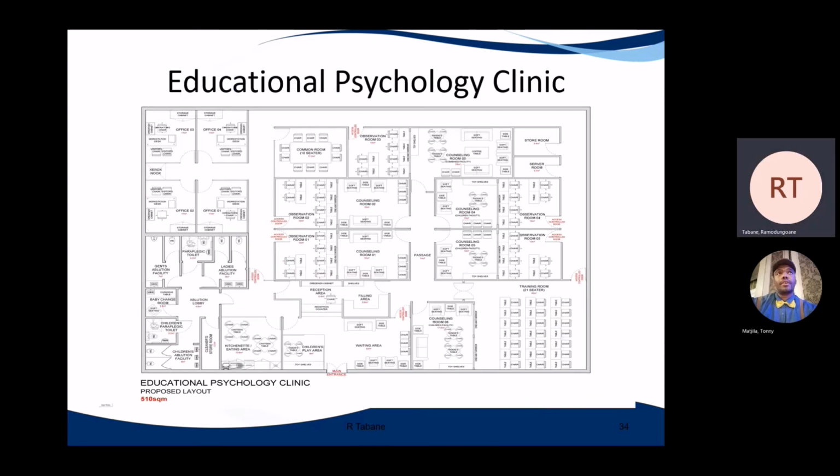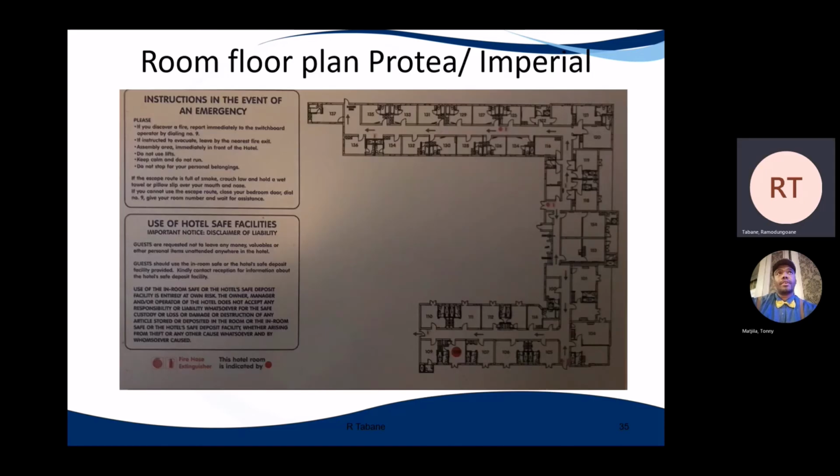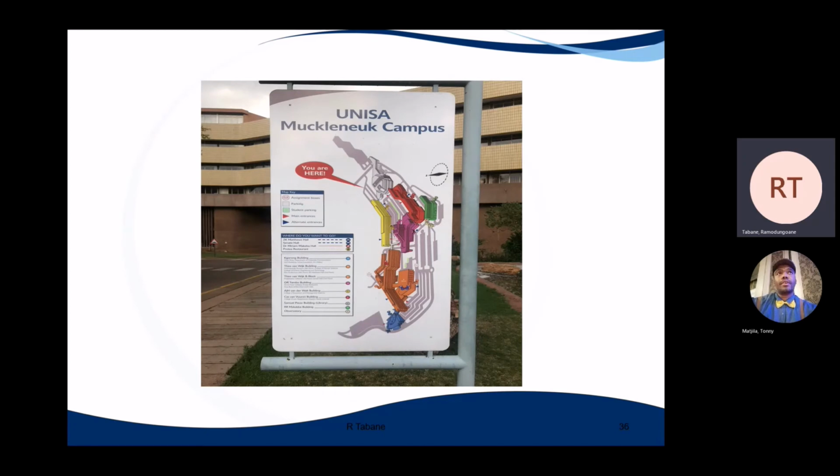This is a plan, the blueprint of a clinic. You can see where the doors are, where the lecture rooms are. This is a floor plan of a hotel room in Protea. I can't remember, was this Pietermaritzburg? But you can see the floor plan. This is a ground plan of Unisa Mokolnek.